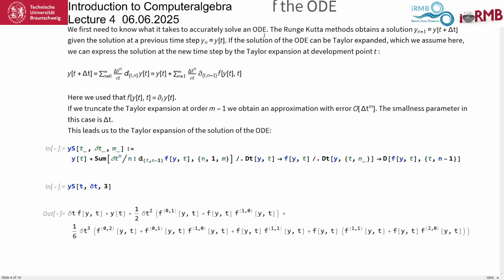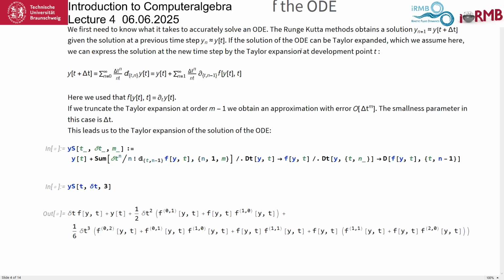Okay, the idea is the Runge-Kutta method obtains the solution y_n+1, which is y at t plus delta t, given the solution of the previous time step. These are all approximations because they are numeric, so they include the error. y_n is y of t.